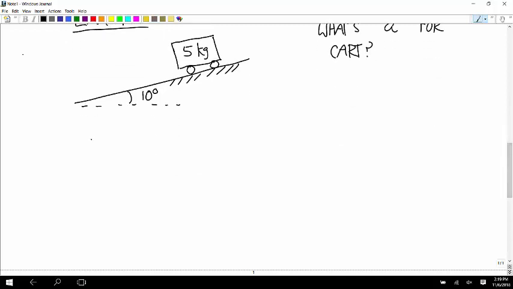Okay, so free body diagram of the cart. 5-kilogram cart. The coordinate system we're going to use is like this, with the y-axis out and the x-axis along the surface.